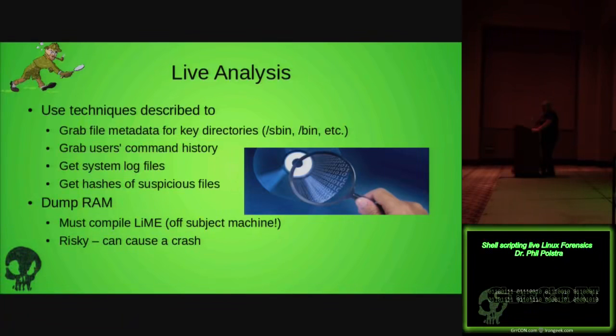All these scripts are available for download on linuxforensicsbook.com. So again, not trying to sell you anything. They're all open source. And you can grab things like the user's history, some log files. You can get hashes of suspicious files. You can dump the RAM. Now, any of you use Volatility?